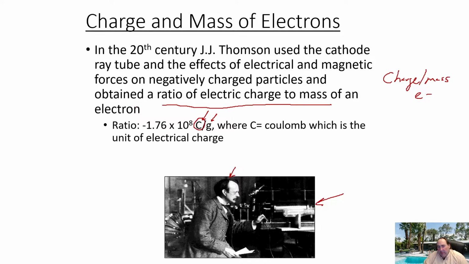So that's charge per mass. One of the first things you should remember is that J.J. Thomson did experiments with the cathode ray tube and was able to determine the charge to mass of an electron.